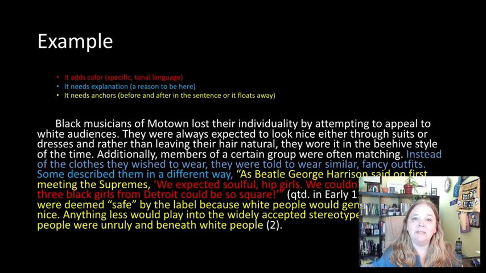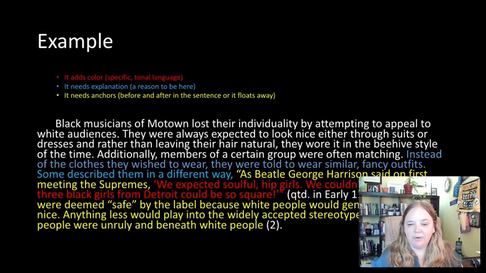That first sentence is the topic sentence. So you know that the rest of this paragraph is going to be an explanation of how Black musicians lost their individuality by attempting to appeal to white audiences. After that first sentence, there's a little bit more of an explanation of this. And then we get into the first anchor for the quote, which is in blue.